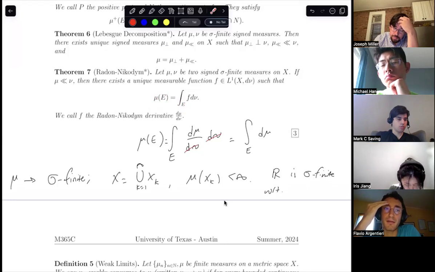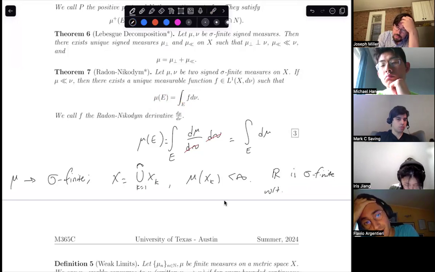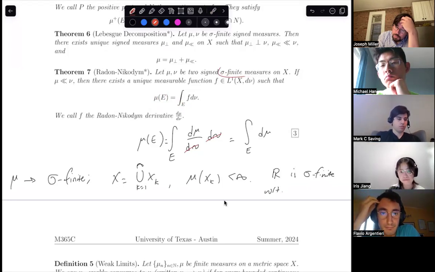Yeah, so in general, I should fix this. That's a good point. Let's remove this condition.